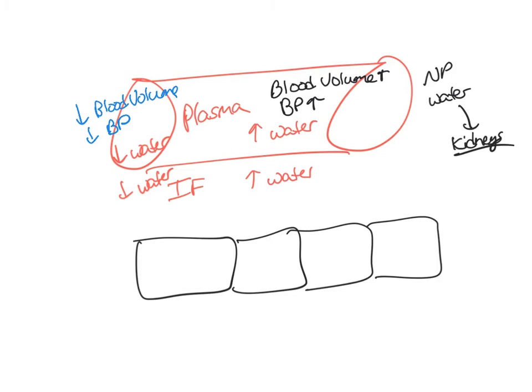And if it decreases too much, then that will activate the RAAS system, where renin is released, and renin causes the conversion of angiotensinogen to angiotensin 1 to angiotensin 2 at the lungs, and then that is a major vasoconstrictor, and that will increase blood pressure.